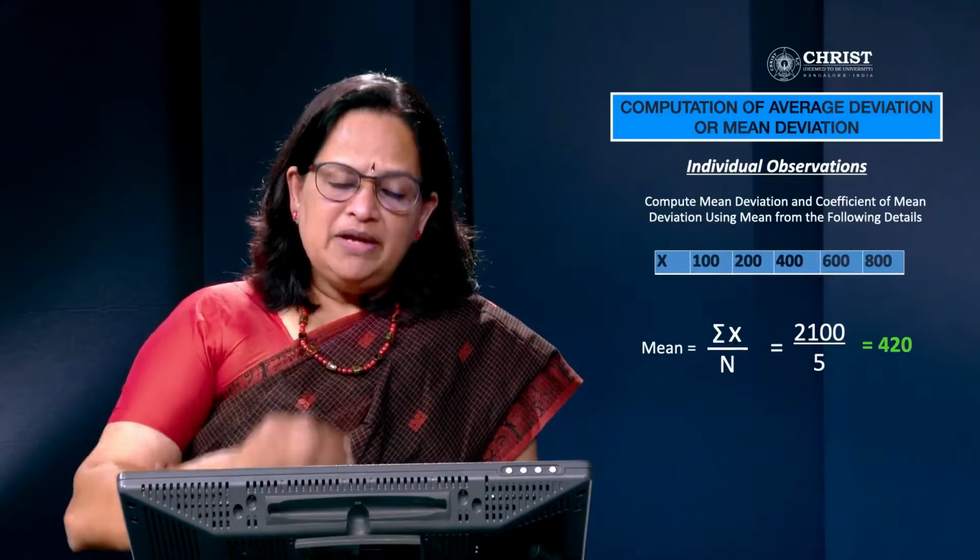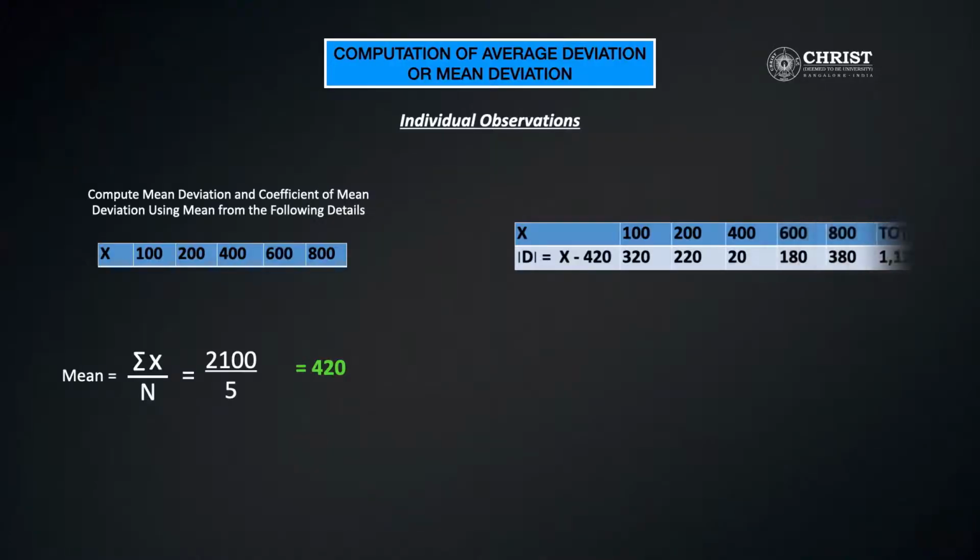Now, we have to calculate the mean deviation. The x values are there, and the delta d values are the respective x values minus the computed mean value, that is 420. We will not consider the plus or minus sign. So, the values we get are 320, 220, 20, 180, 380, and the total is 1120.